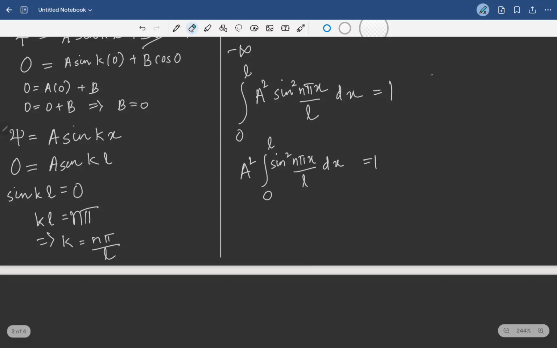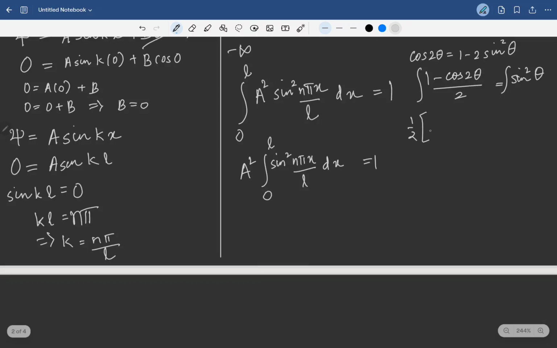Let's rewrite it like this. Cos 2 theta is equal to 1 minus 2 sine squared theta, so 1 minus cos 2 theta by 2 is equal to sine squared theta. Integrated, what will we get? 1 by 2 into theta minus sine 2 theta by 2 is equal to the integration of sine squared theta.